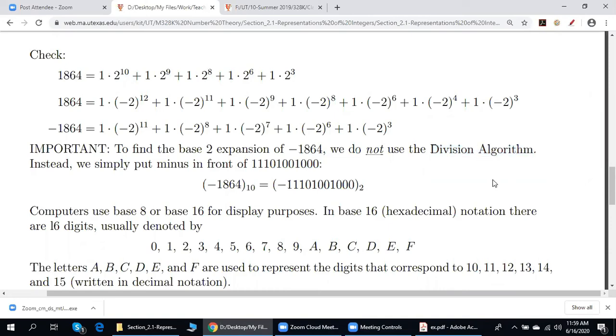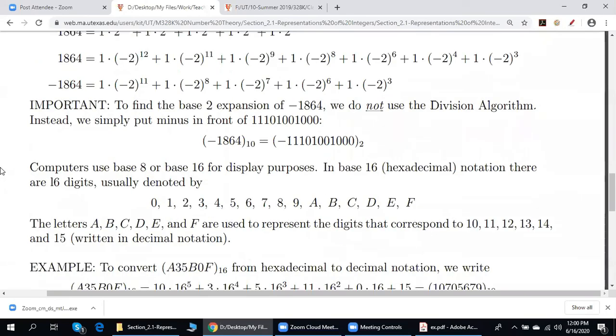Instead, first, we replace our number by the corresponding positive number, find base B expansion, and then attach negative sign. Thank you.